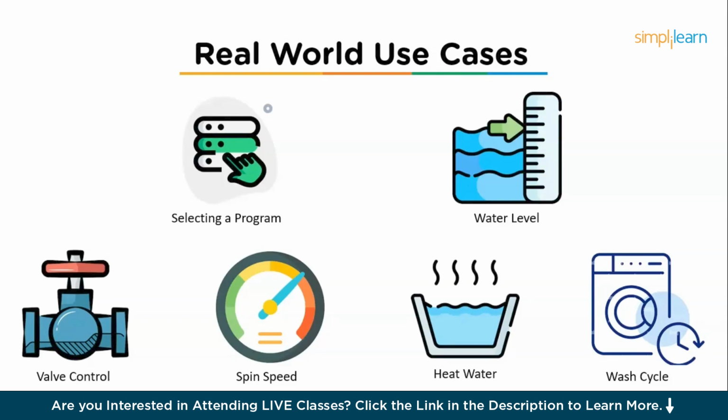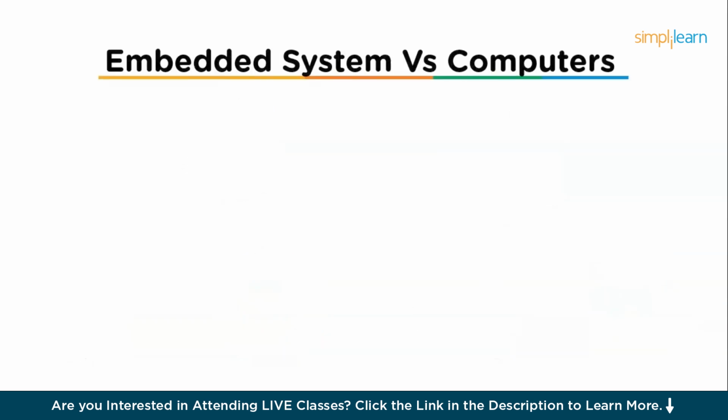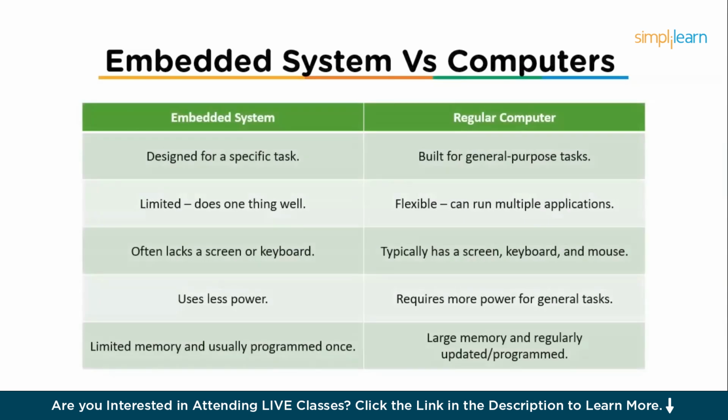Now, let us see embedded systems versus computers. What is the actual difference? Embedded systems are designed for a specific task, whereas regular computers are built for general purpose tasks. Embedded systems are limited in flexibility, doing one thing pretty well, while regular computers are very flexible and can run multiple applications.